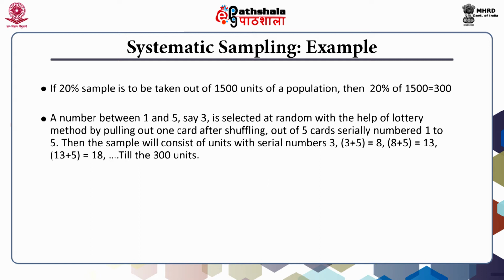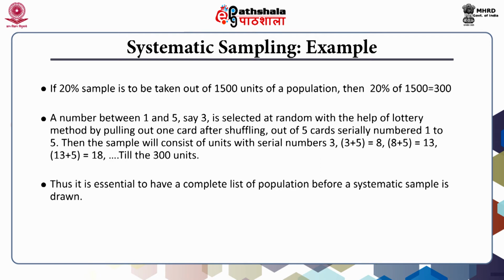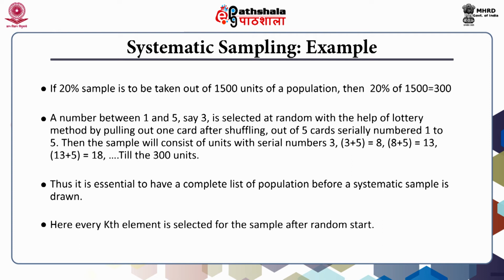Then the sample will consist of units with serial numbers 3, 3 plus 5 is 8, 8 plus 5 is 13, 13 plus 5 is 18 and so on till 300 units. Thus, it is essential to have a complete list of population before a systematic sample is drawn. Here, every kth element is selected from the sample after a random start.